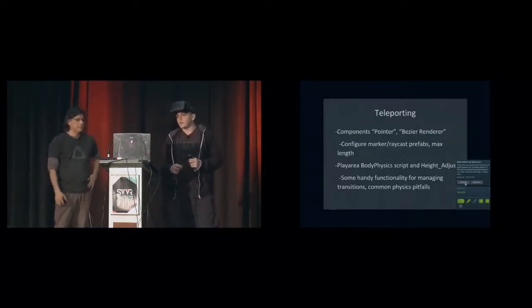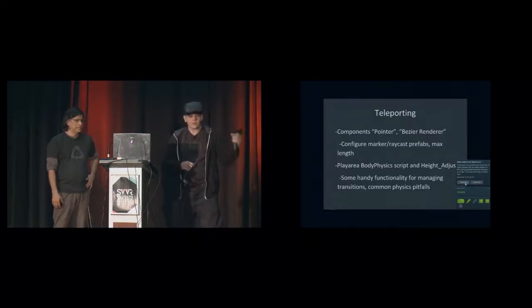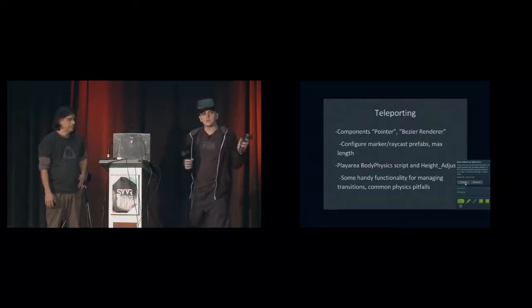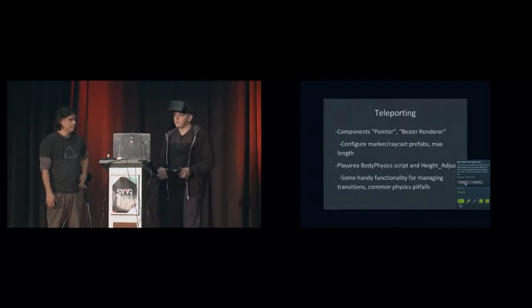You set up your play area with a body physics script and height adjust. A lot of these paradigms rely on additive behavior. So on these proxy objects, you add components, configure them, and you need to double check that they're not using the same button controls, because they're configured separately.